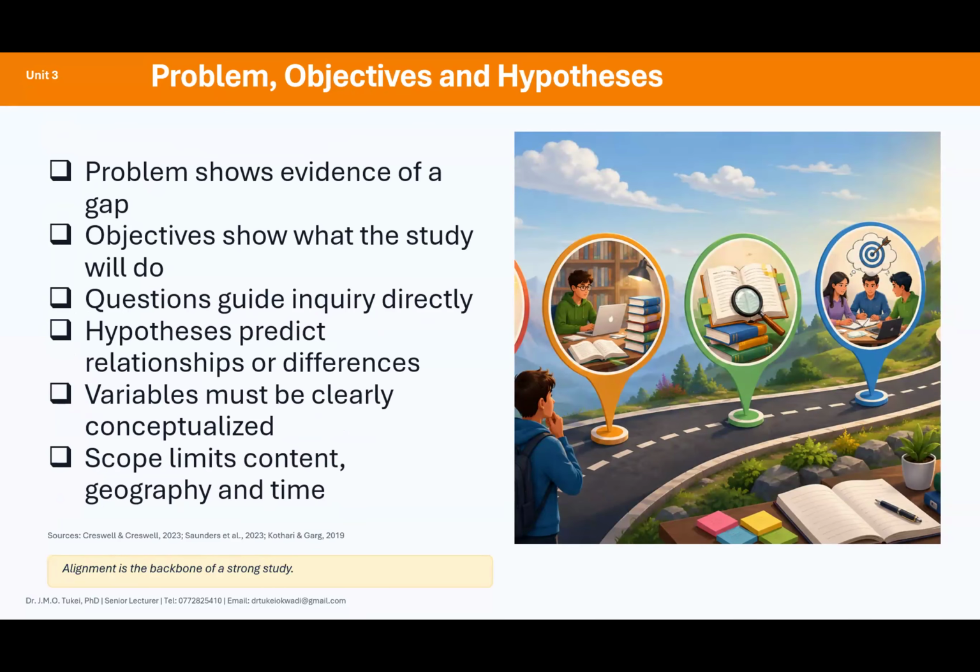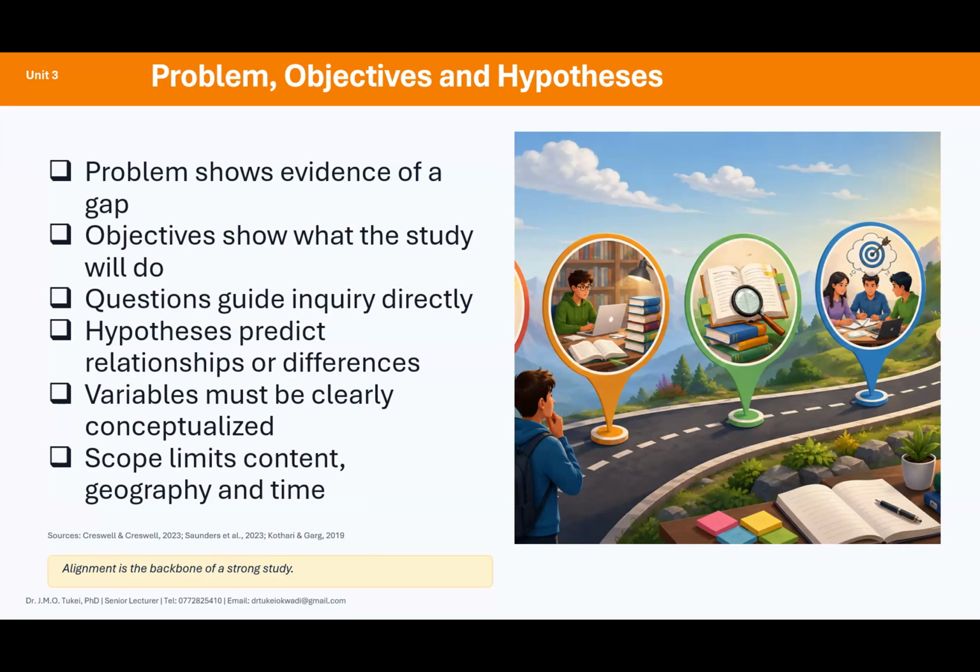We're saying the statement of a problem is the academic heart of a proposal. I want us to understand this. It should show the undesirable and unexplained situation. It should also provide evidence of its seriousness.